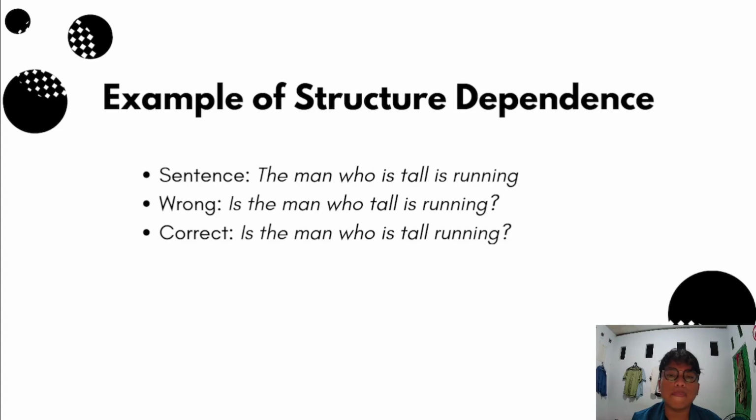This is what happens when we mistakenly move the first is based on linear order, not structure. It creates an ungrammatical sentence. The third is correct: is the man who is tall running. The correct transformation moves the auxiliary from the main clause. This is the result of applying structure dependence correctly.